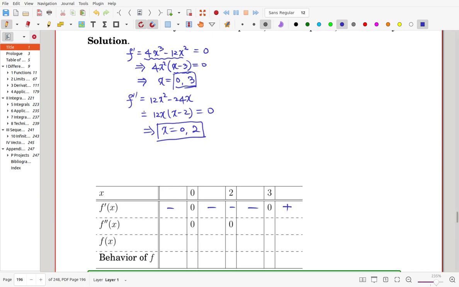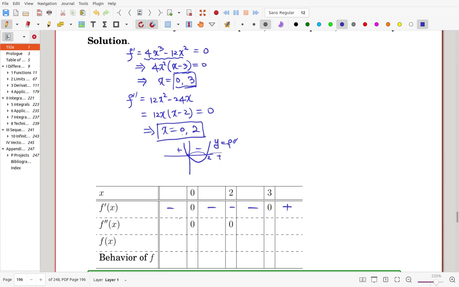Now for f double prime, at 0 and at 2 the f double prime is 0, and the picture of f double prime is given in this way, with 0 and 2. For x less than 0 it's positive, between 0 and 2 it's negative, and larger than 2 it's positive.